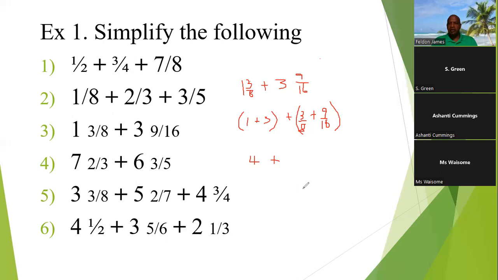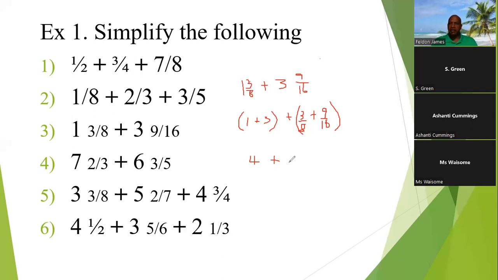So I was asking you now for the fractions. Can we add 3 over 8 plus 9 over 16 like that? All right, Ms. Cummings, you're not responding very readily, so I'm going to ask somebody else the question. Ms. Green?